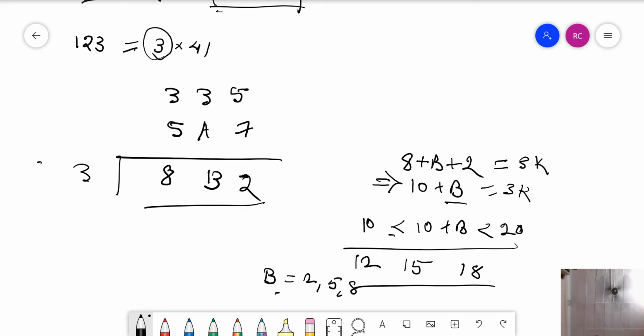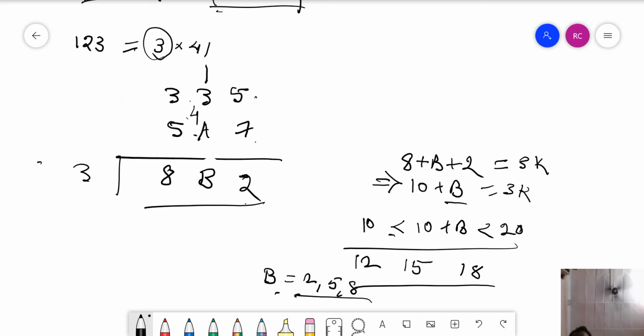Now let us see. 7 and 5 added gets 12. You get a carry of 1. 3 and 1 is 4. 4 plus a is b. Oh, sorry, I beg your pardon, my bad, this is b.